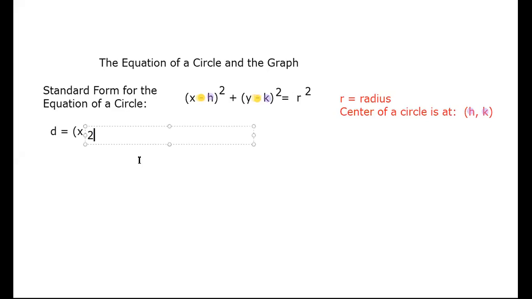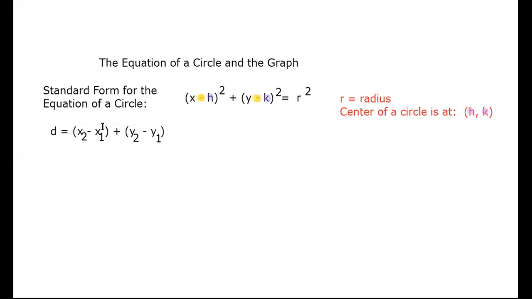X2 minus x1, y2 minus y1. And remember, that's kind of from slope. You're supposed to label the points, figure out a number 1 and a number 2.